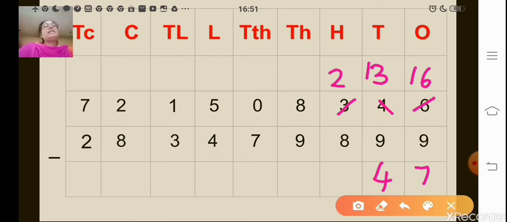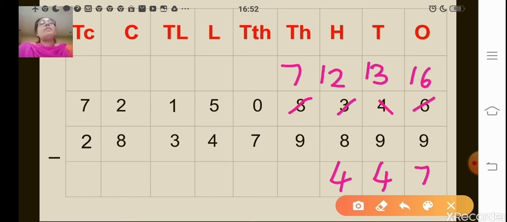In the hundreds place again you cannot carry out the subtraction as the first number is smaller. So borrow from the thousands place 7 and this will become 12. 12 minus 8 again is 4. In the thousands place again you cannot subtract, but also you cannot borrow from the 10,000 place because the number there is 0.